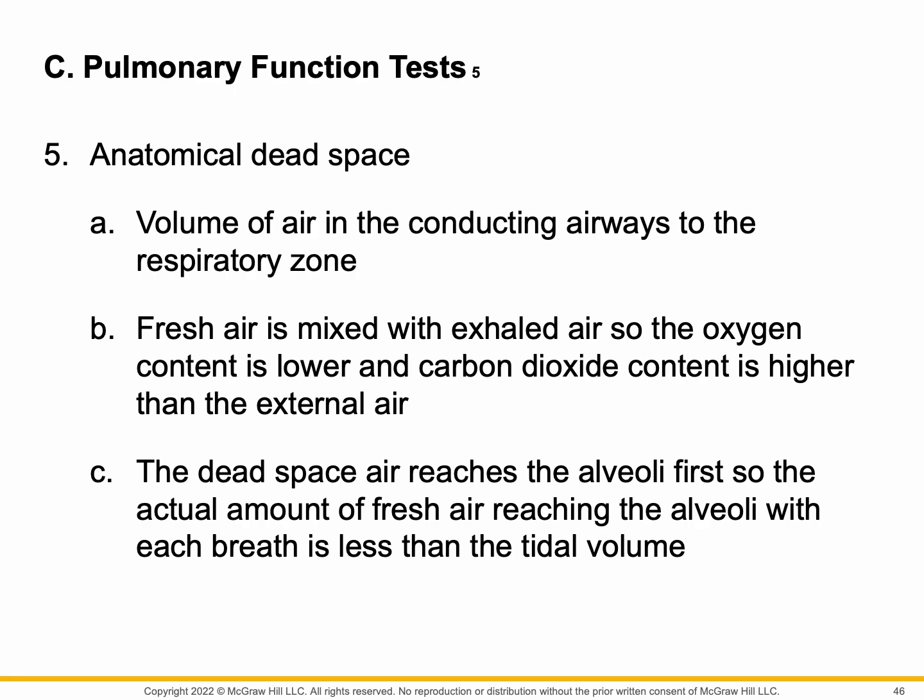The fresh air is mixed with exhaled air so that the oxygen content is lower and the carbon dioxide content is going to be higher in the external air. The dead space air reaches the alveoli first so that the actual amount of fresh air reaching the alveoli with each breath is going to be less than the tidal volume.